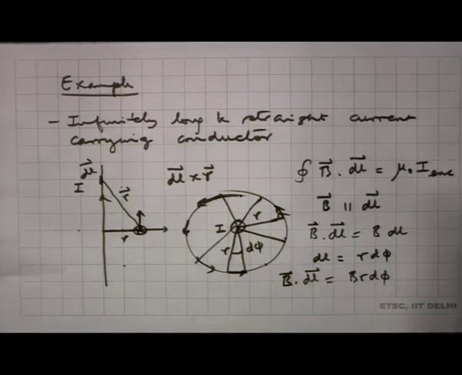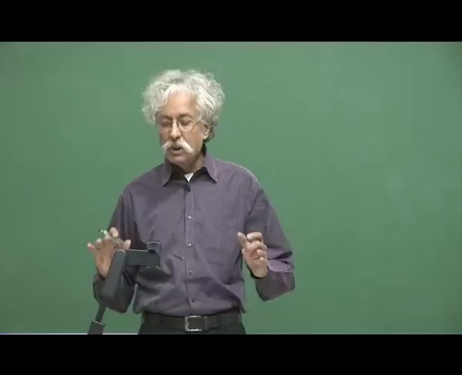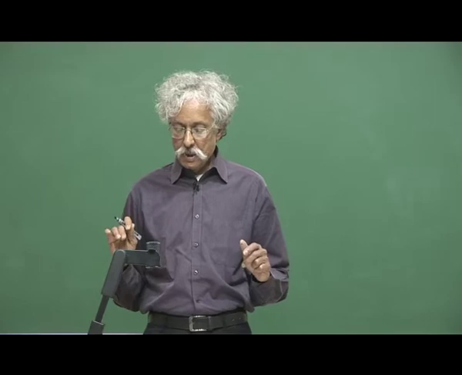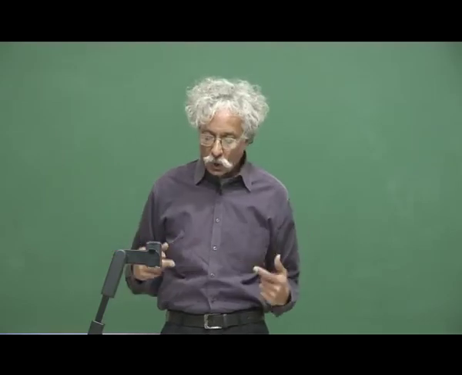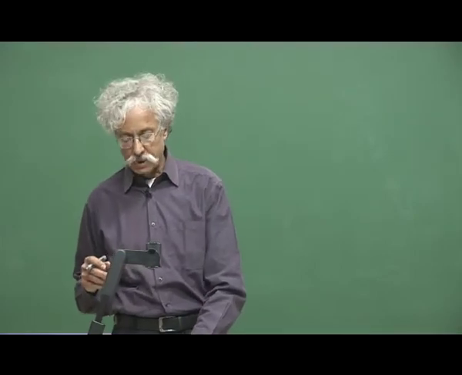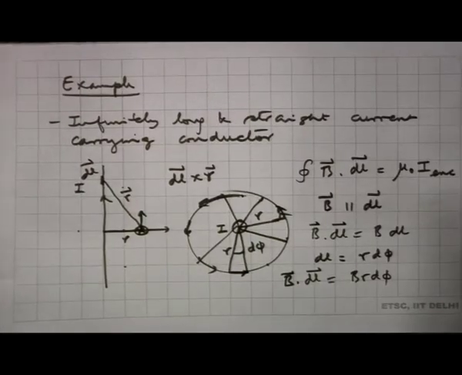So, Ampere's law, although please remember I have obtained Ampere's law by deriving the magnetic field due to an infinitely long current carrying conductor, is a very general law, valid for all situations. And I am again using Ampere's law to calculate the field due to an infinitely long current carrying conductor.